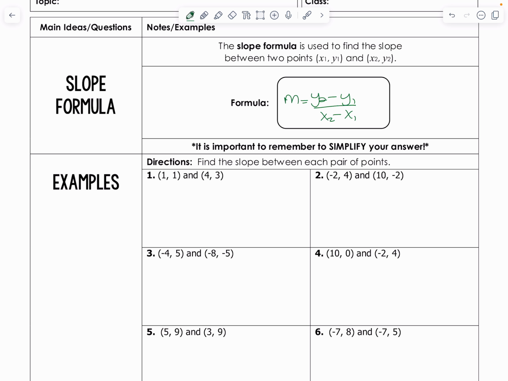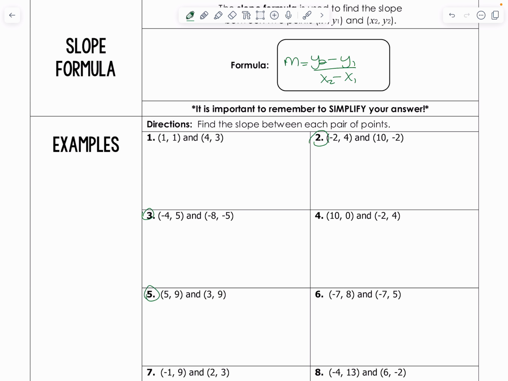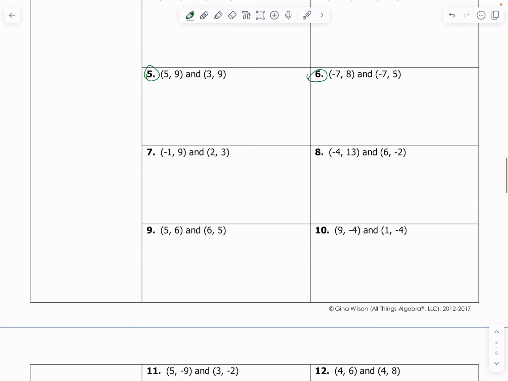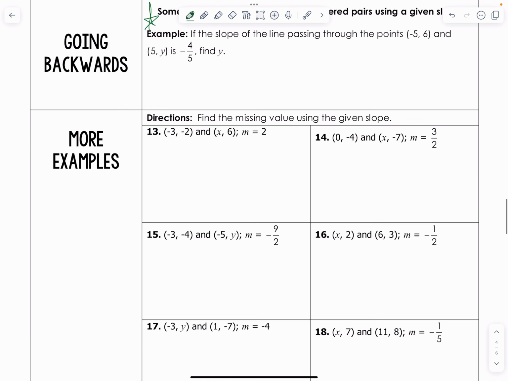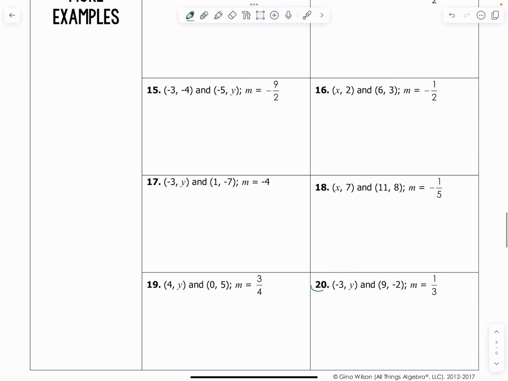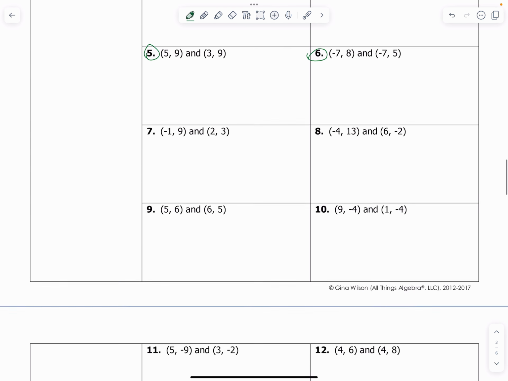We did a handful of these in class: 2, 3, 5, and 6. Then I did the going backwards example, which is here, and then we could do maybe one more, like number 20. I'll get us through the rest of the lesson.